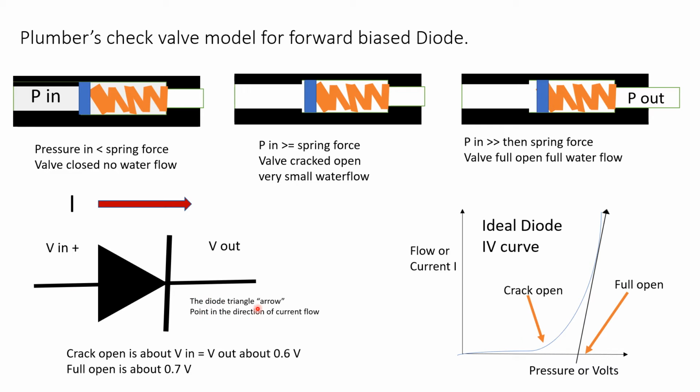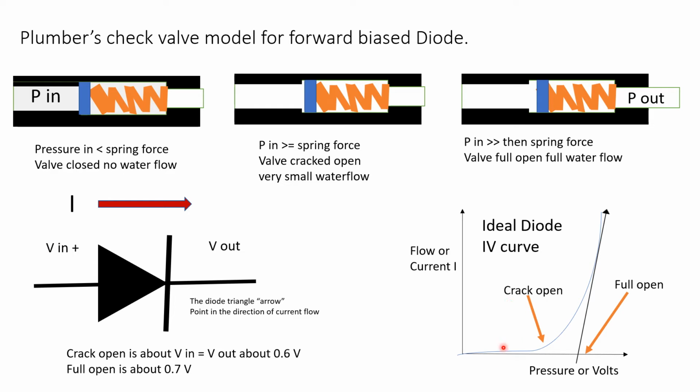The diode triangle arrow, this little thing right here, points in the direction of the current flow. Now, for physicists out there, I'm using conventional current flow of positive to negative. I'm not going to get into the electron current flow direction.